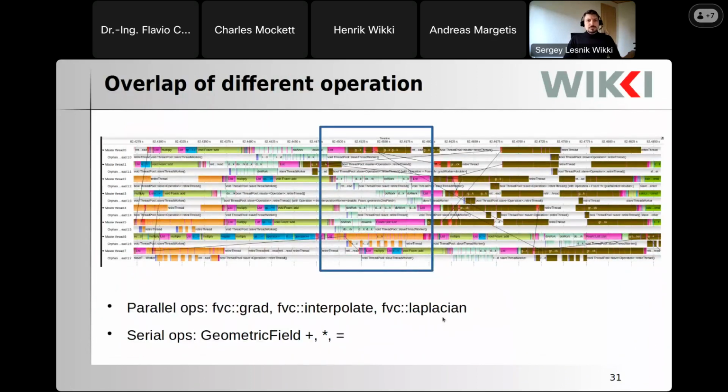Okay, one important point that I want to make here is that the system that we have in place now allows you to do several operations at the same time. I picked this section out of the trace. What is happening here is that we do a gradient, an interpolation, a Laplacian, and various field operations at the same time.